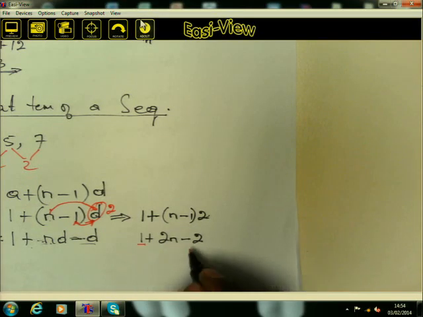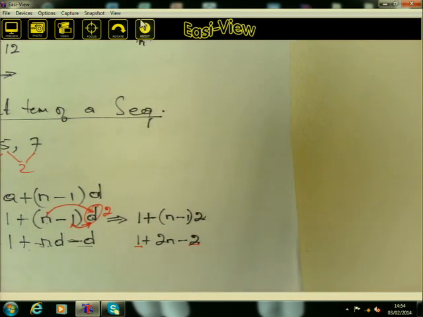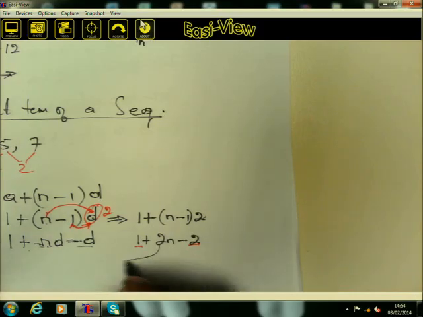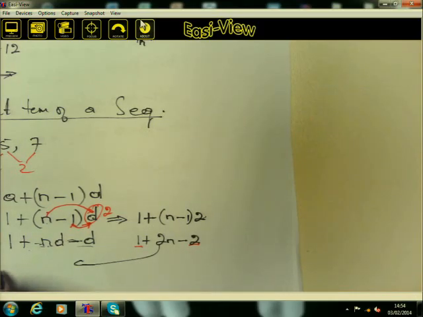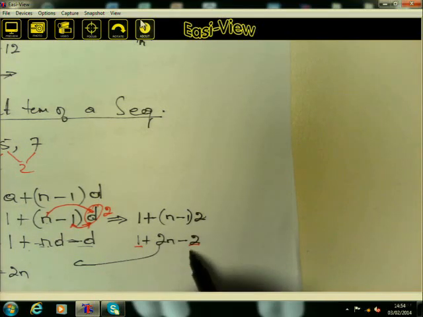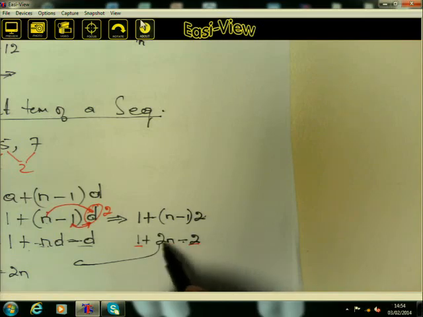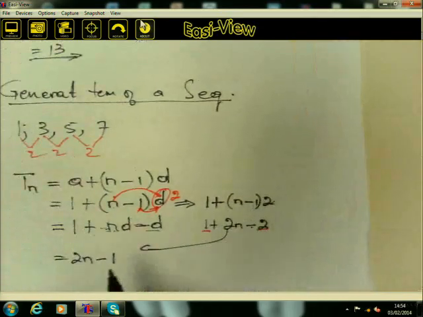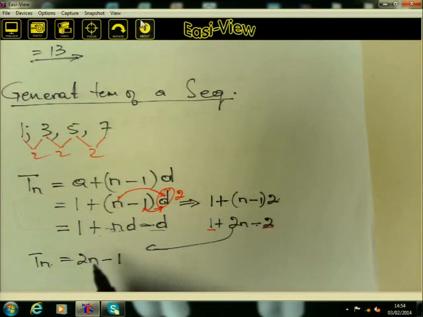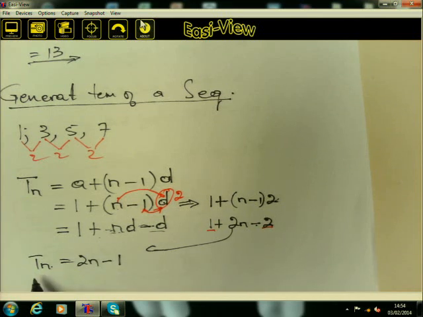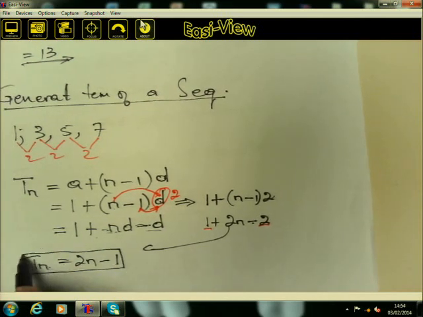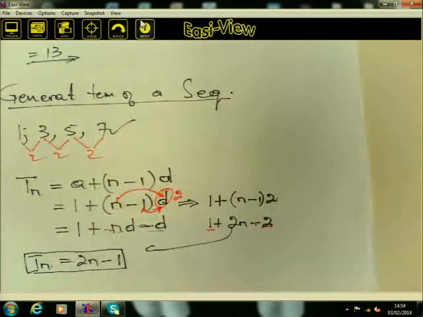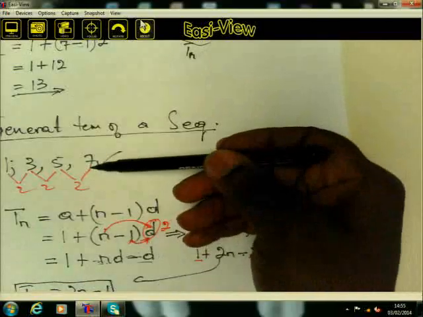But we know this and that one are like terms, so we can bring them together. We are going to have 2n, and then 1 minus 2 is nothing else but minus 1. So Tn equals 2n minus 1, my good learners, is nothing else but the general term of a specific sequence, not any. Remember, this is the general term for this specific one.